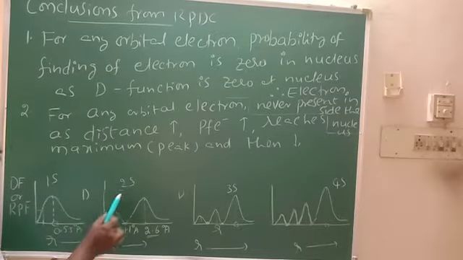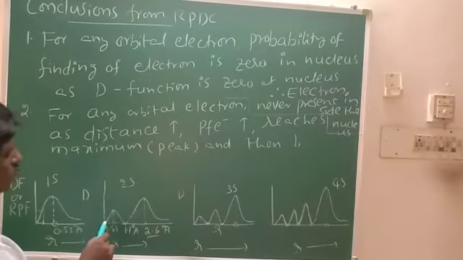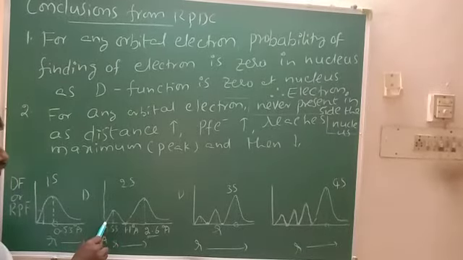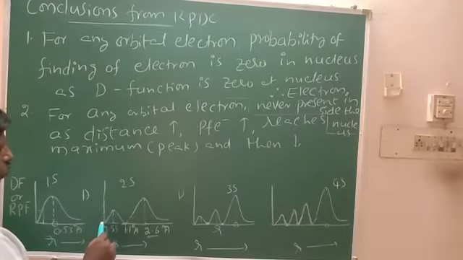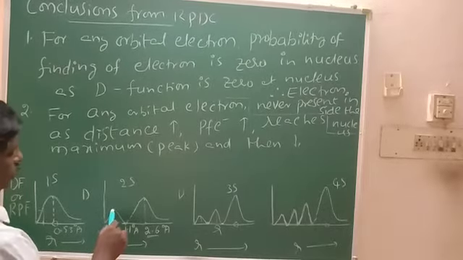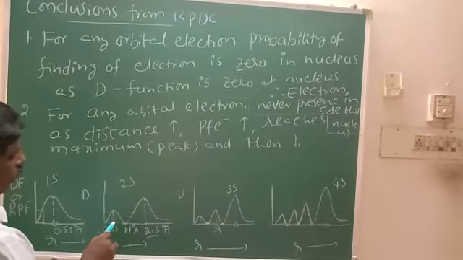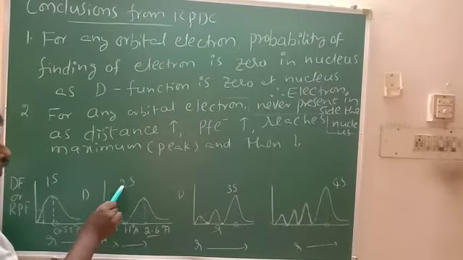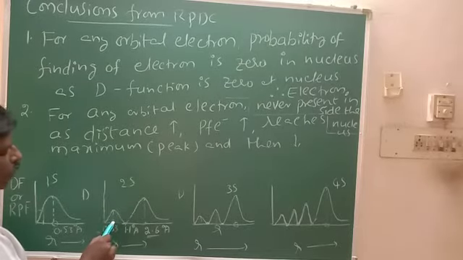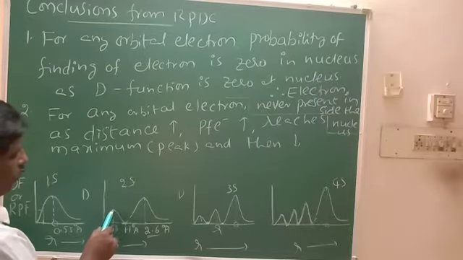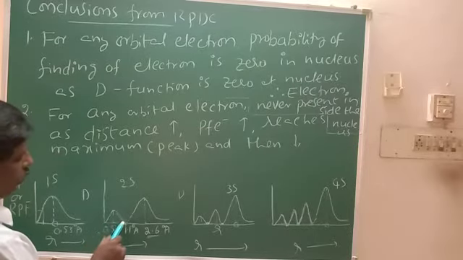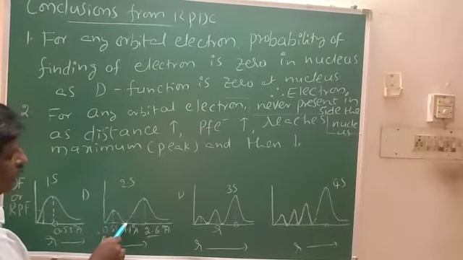Similarly, for 2s, let us come. At the nucleus it is 0, and as the distance increases, the probability increases first here. So this is the 1s orbital. For the 2s electron, some probability is there in the 1s orbital. Now the probability decreases again and touches the x-axis.